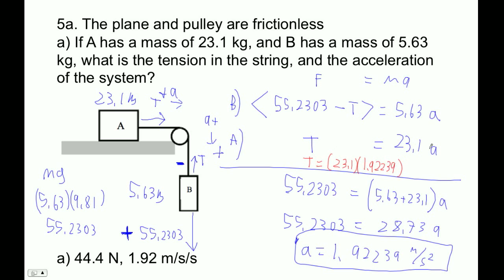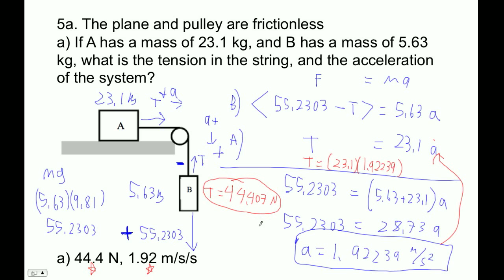I just picked the simplest equation to plug back in. I plug this value in for a, times 23.1, and I get the tension is 44.407. Ta-da! So there's our answer for that.